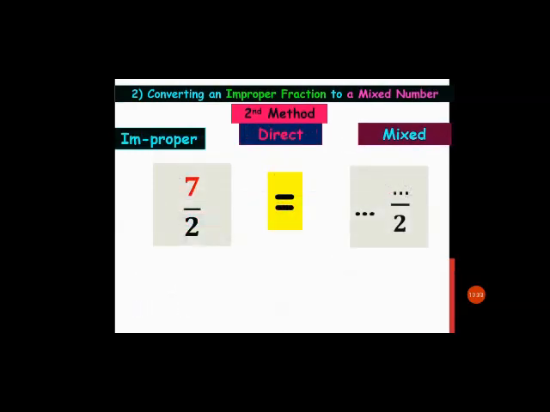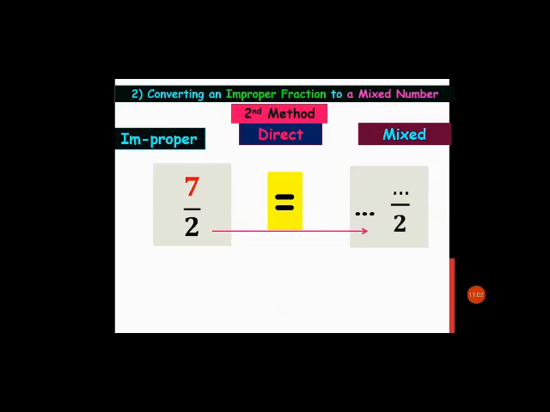I have another way, which is a direct or fast way to solve this problem without using long division. It's just by looking. Do you remember how we were transforming the mixed number into the improper fraction? We were multiplying the denominator by the whole number and then adding the result to the numerator. So we are going to calculate it back the same way.